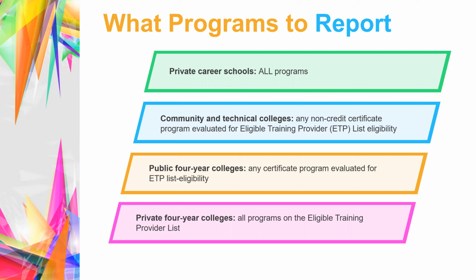If you're a public four-year college, you have to report any certificate program that you want evaluated to be put on our ETP list. And if you're a private four-year college, you have to report all programs on our state's eligible training provider list. And I believe if you're not any of those types of programs, you have to report every program that you have. You have to report students for every program you have on CareerBridge.